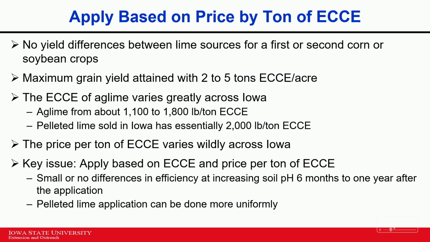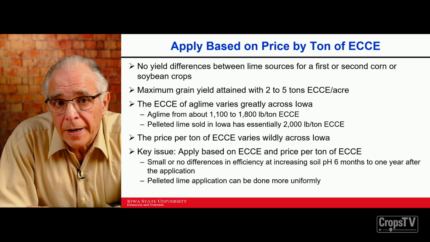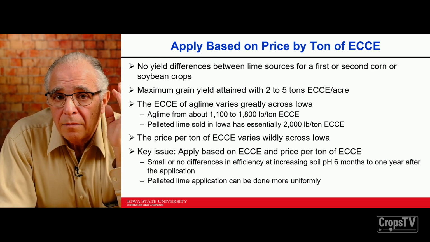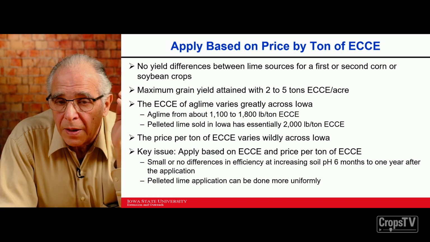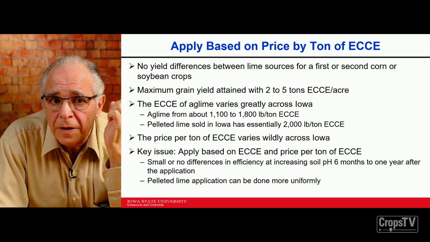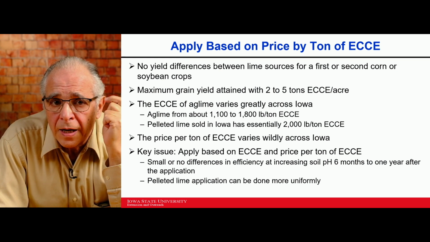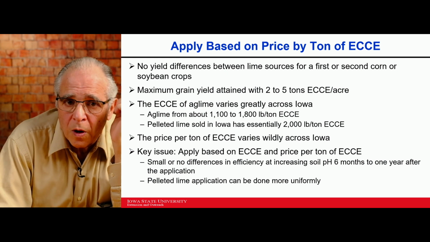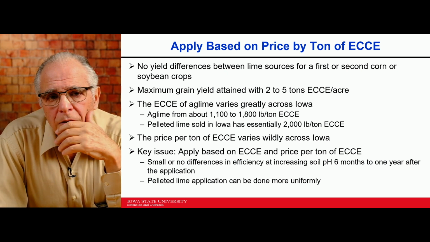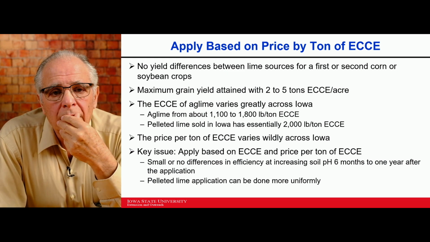So the overall conclusion about the prices is that they need to apply according to the price per ton of ECCE. That's the key, okay? The ECCE of ag lime varies widely in Iowa. It goes from about 1,100 to 1,800 pounds per ton, okay?